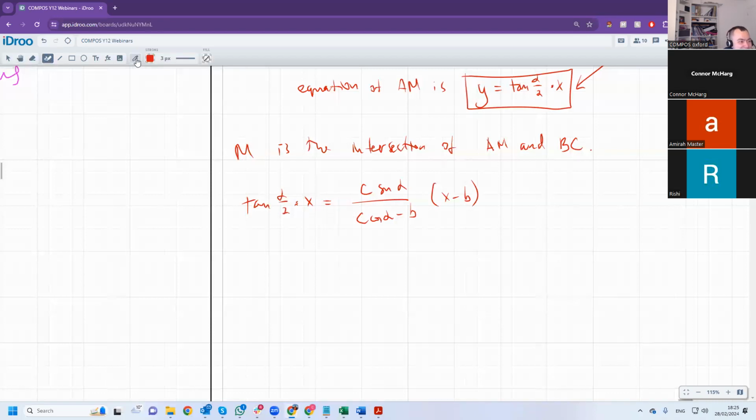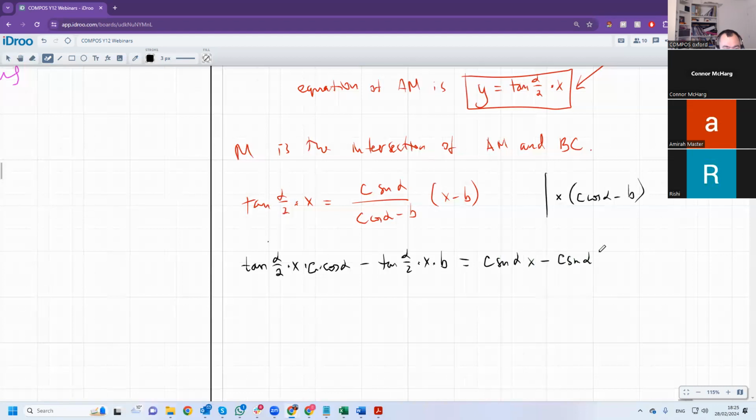Okay, so start doing algebra. Tan alpha over 2 multiplied by x. I'm multiplying both sides by c cos alpha minus b, to get rid of the denominator, as you would normally do. So tan alpha over 2 multiplied by x multiplied by c cos alpha, minus tan alpha over 2 multiplied by x multiplied by b, equals c sine alpha x minus c sine alpha b.